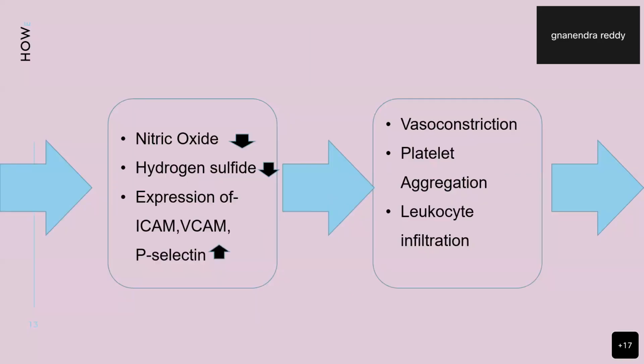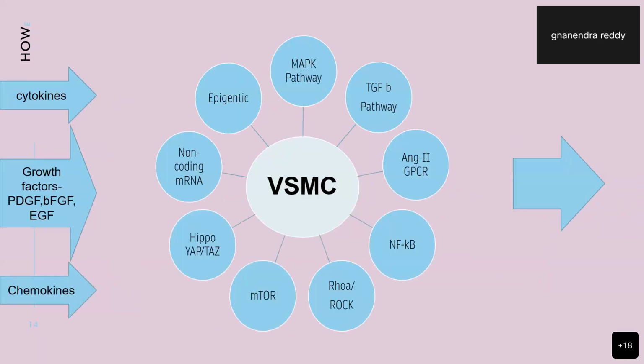Any sort of vascular injury leads to downstream events: first, nitric oxide and hydrogen sulfide production is decreased, with increased expression of the ICAM, VCAM, and P-selectin adhesion molecules, which further leads to vasoconstriction, platelet aggregation, and leukocyte infiltration. These collectively produce several cytokines, growth factors, and chemokines.